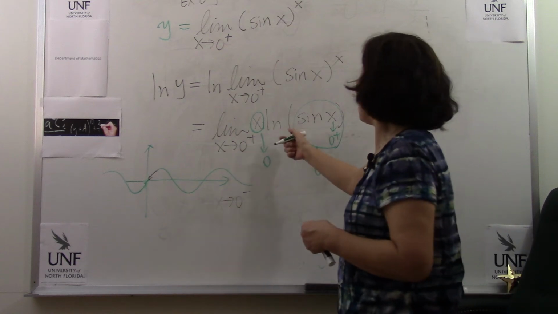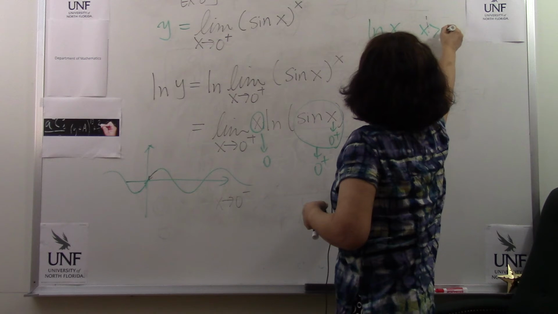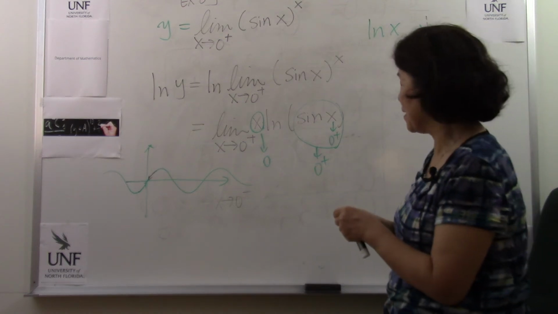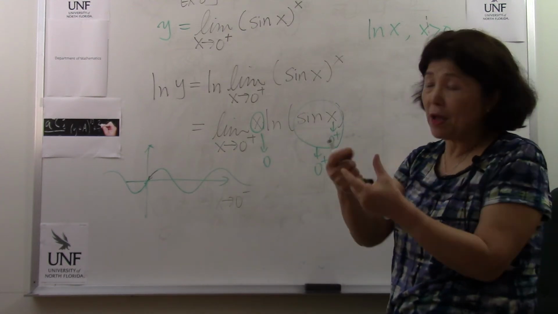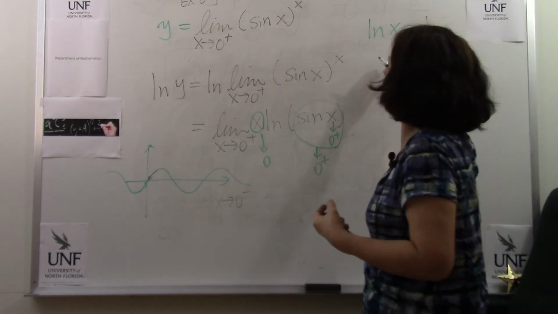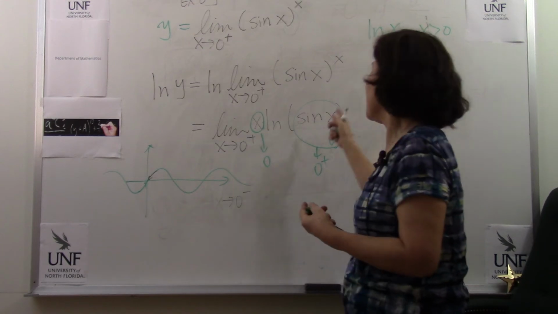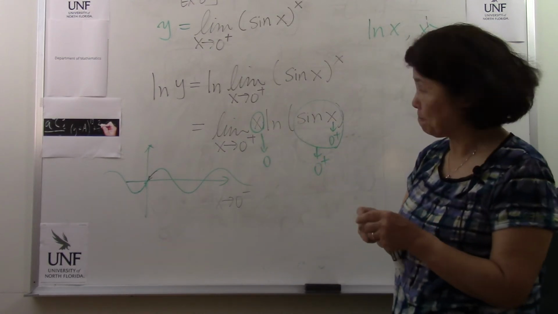And for a natural log of x, x has to be positive. That makes a big difference here. So 0 plus and 0 minus have almost no difference, but the domain of the natural log function requires x to be positive. That's why this 0 plus comes in here.